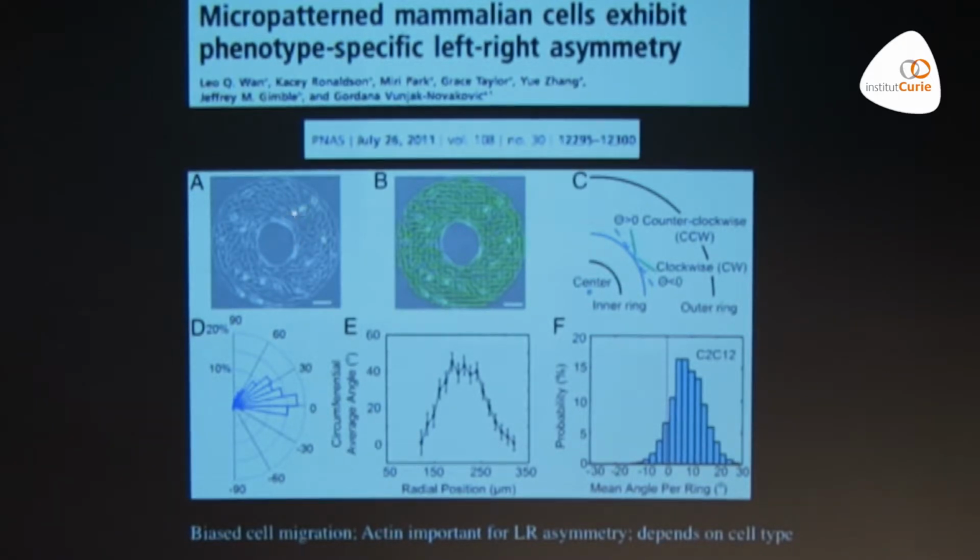So you just look at the image and people have quantified this thing. And in fact, you see that there is some chiral pattern here. Okay, so this is not symmetric. And in fact, you have more cells going in one direction than in the other.